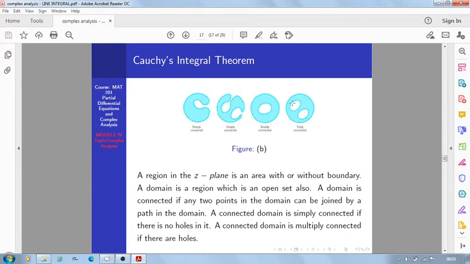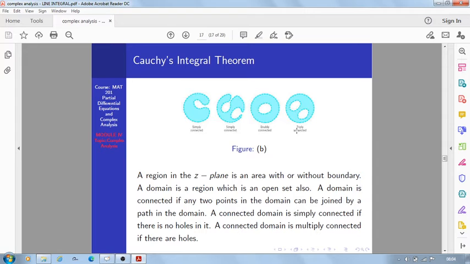And if you look at this region, there are two holes in this region. Or in other words, the boundary consists of three different curves. One is here, one is here, one is here. So if there are holes in this region, we say that it is multiply connected. So here we have three bounding curves. So we say that this is a triply connected region.